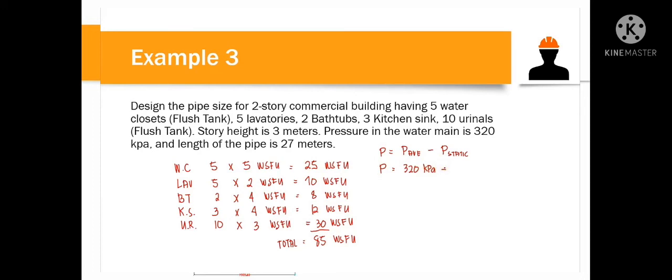Now the static pressure here is equivalent to 9.79 times the height of the fixture, or the elevation of the remote fixture. And since this is only 2-story and the story height is 3 meters, we multiply it by 3. Okay? And this is in kPa. So we have the net pressure here, which is equal to 290.63 kPa. Okay, so let's go back to table 6-6.